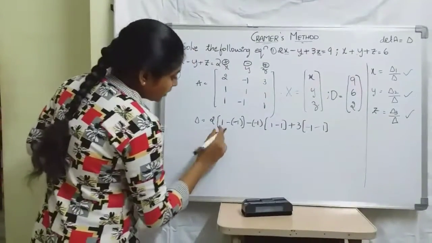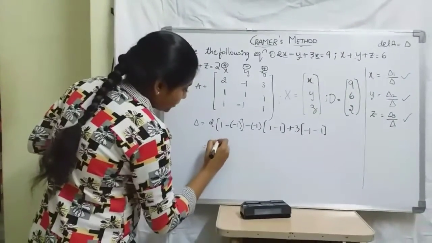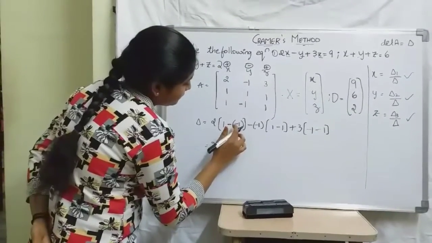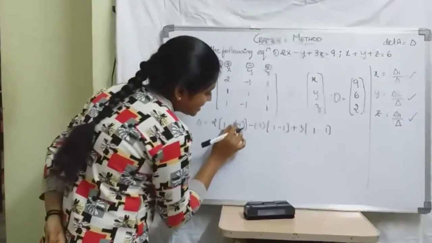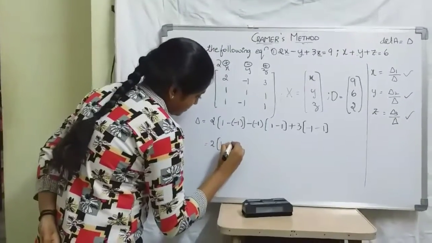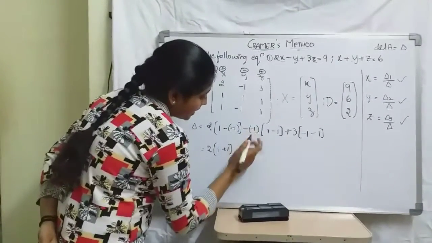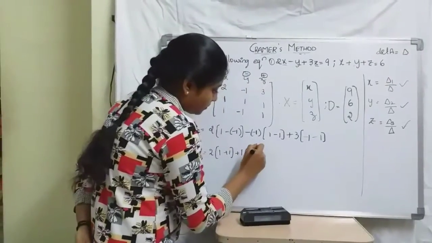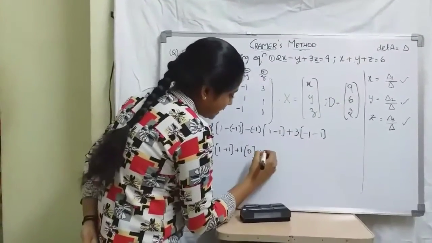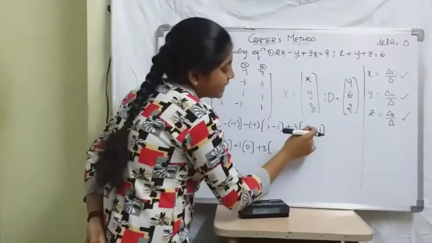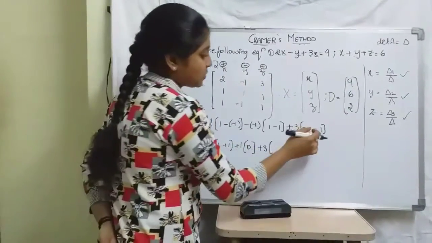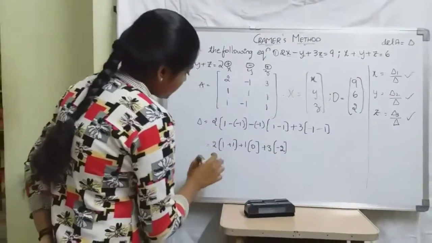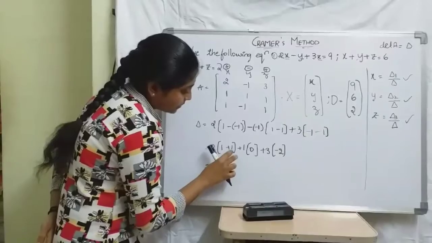Now that implies 2 into minus 1 into 1, minus into minus 1, that is plus 1, minus into minus plus 1 into 1 minus 1, that is 0. Here we have plus 3 into minus 1 minus 1. Minus 1 minus 1 becomes minus 2. So 2 into 1 plus 1, that is 2.